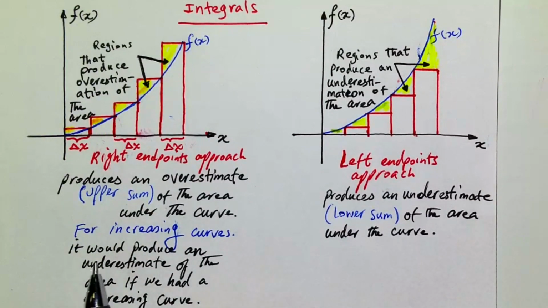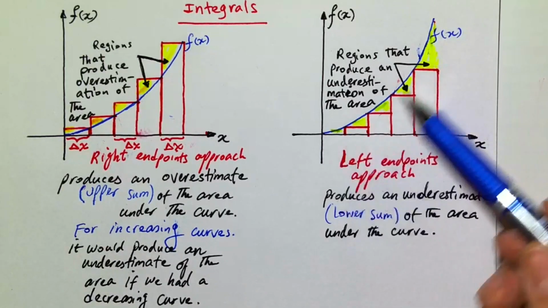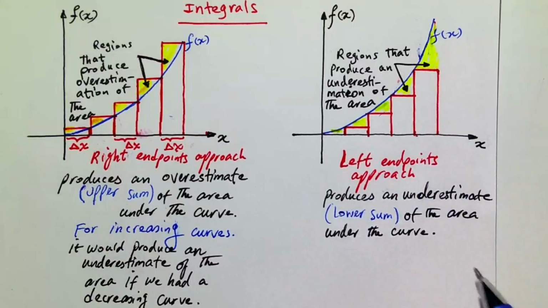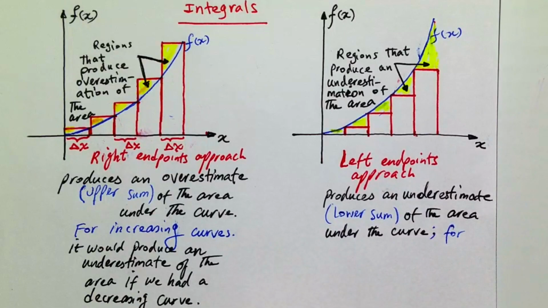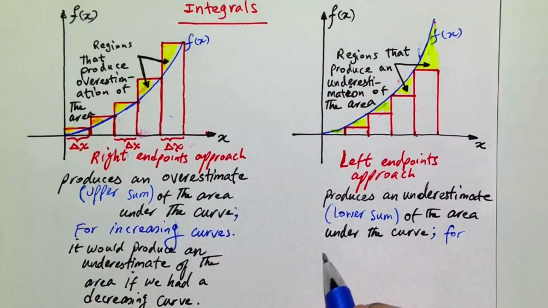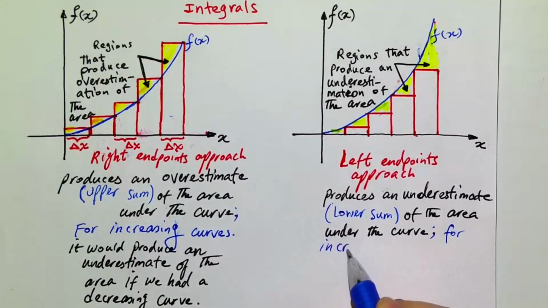And of course, just like this one, let me say, this would happen when we have increasing curves again. For under the curve, and I'm going to do the same thing for increasing curves.